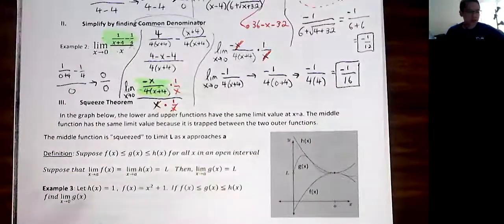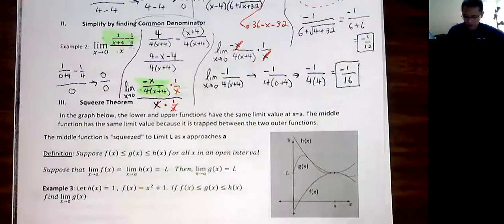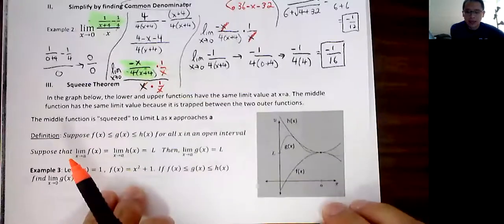All right, one more new topic, and this is kind of separate, is this idea of squeeze theorem. Let me read this here. It says, in the graph below, we have a lower function and upper function that have the same limit at x equals 1.